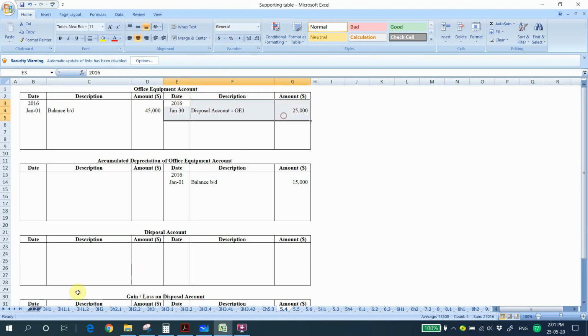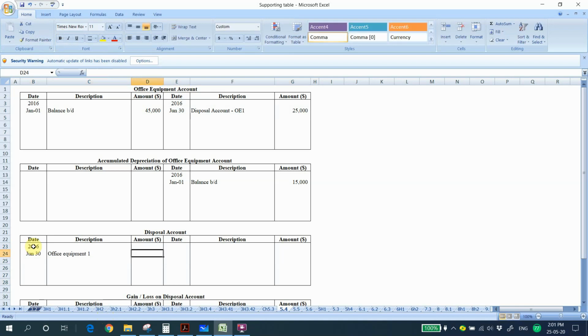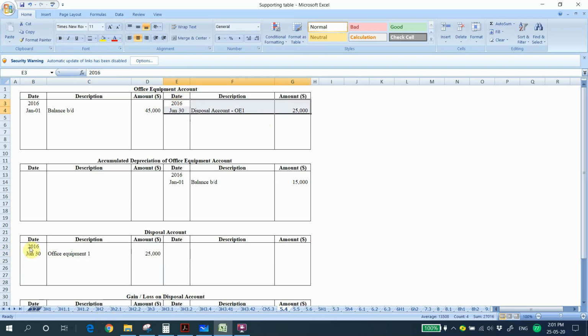Credit the asset account and debit goes to the disposal account. So we write office equipment 1, 25,000. This is the first double entry. We reverse the asset from the office equipment account first, to disposal.